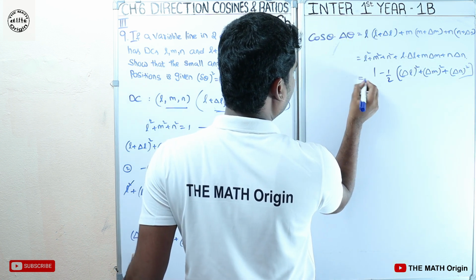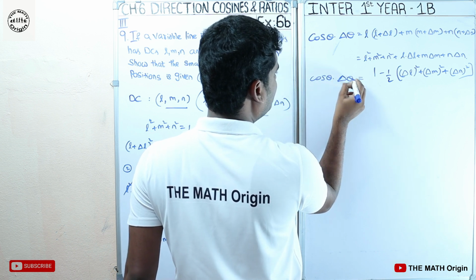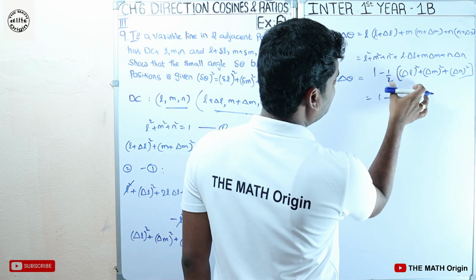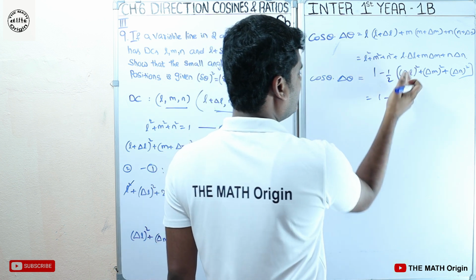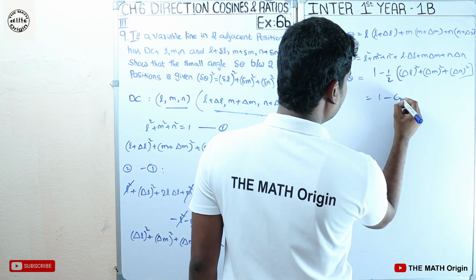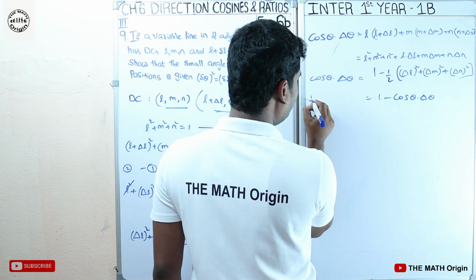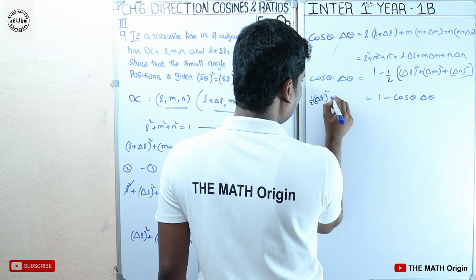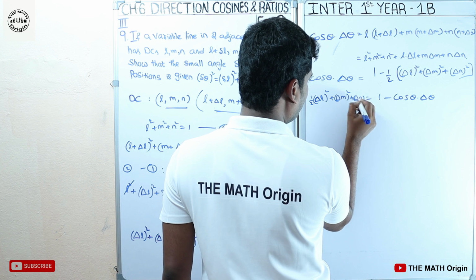From this side we have cos theta into delta theta. From this we know 1 minus 1 by 2. I will move all this to this side and this one to this side. It will be minus cos theta into delta theta, and this value will be half of delta L square plus delta M square plus delta N square.